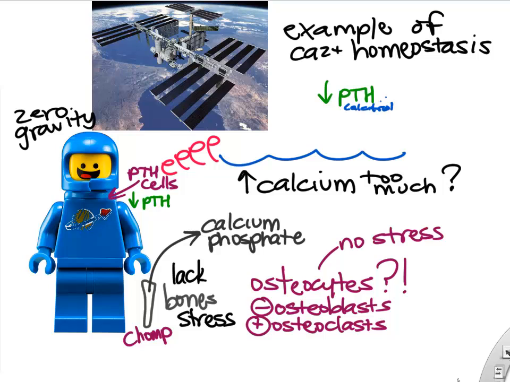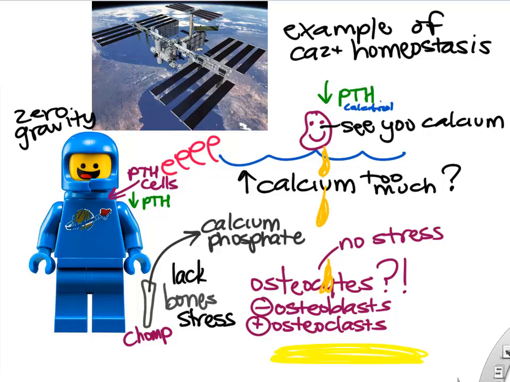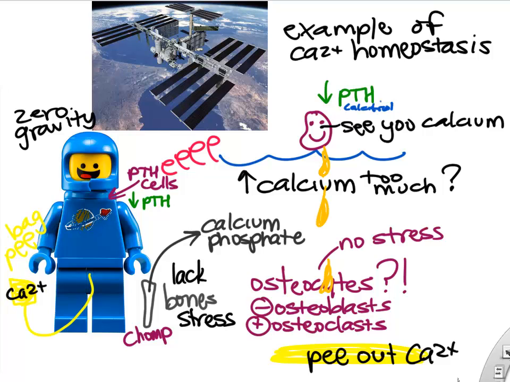When you have low PTH, if you think about the body's response, the kidneys are then going to figure, well, I should just pee out the calcium because you don't need to keep it in your body because you've got too much calcium. So you start peeing out lots of your calcium that's basically coming from your bones. And if you're an astronaut, hopefully you're peeing in a little bag.